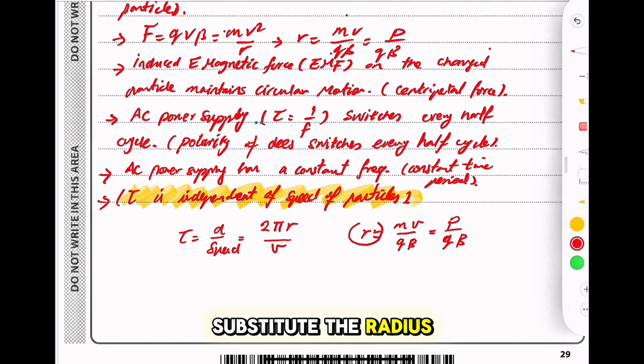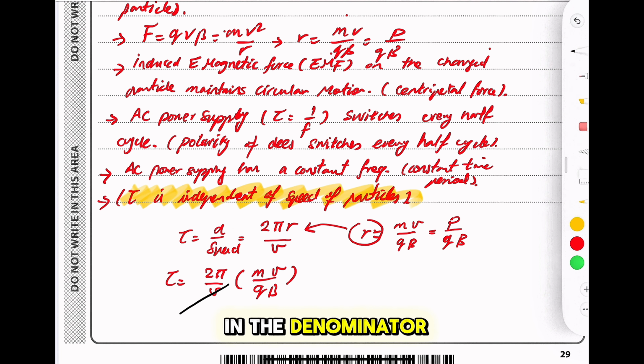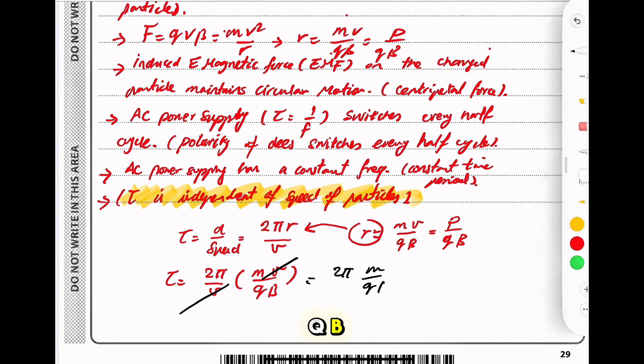Substitute the radius in the formula for the time. Time equals 2 pi over v times the radius, which is mv over qB. We notice that the velocity in the denominator cancels out with the velocity in the numerator. It's 2 pi m over qB.